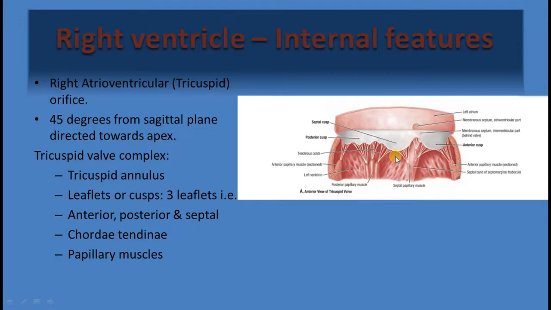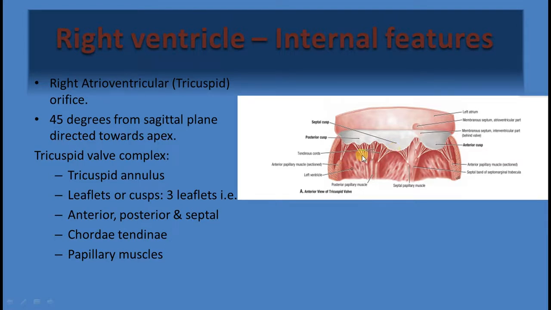To the free margins you are able to see the chordae tendineae, the tendinous cords, attached. That is why it is called the chordae tendineae. The chordae tendineae attach to the rough zone, and also to the basal zone, but not to the clear zone.